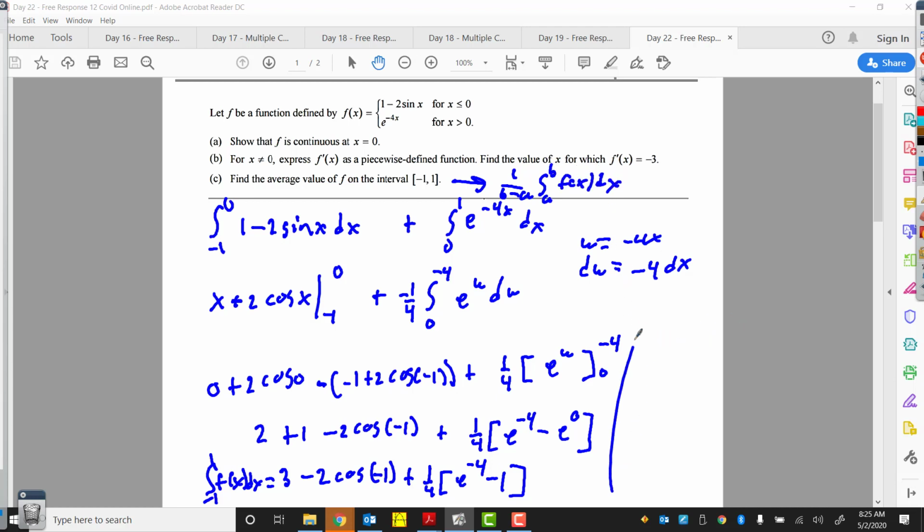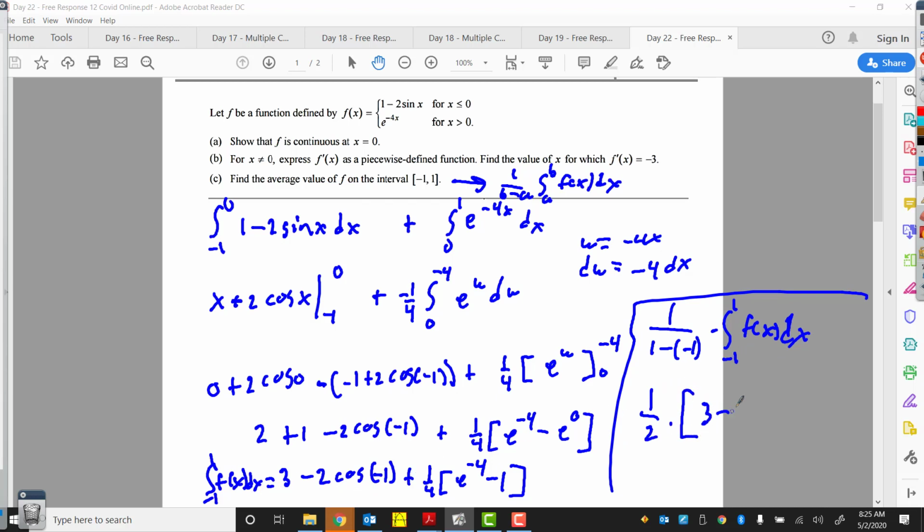So now we're going to say, okay, 1 over 1 minus negative 1 times the integral from negative 1 to 1 of f of x dx, because this is going to be our final answer. So it's 1 over 2 times, and we found that integral already, 3 minus 2 cosine of negative 1 plus 1/4 e to the negative 4 minus 1. And that is our whole answer.